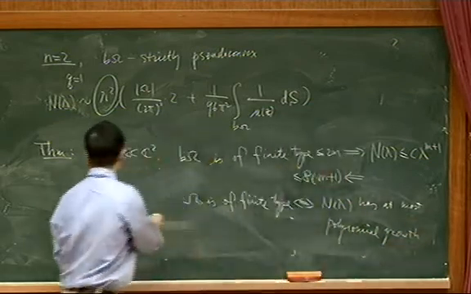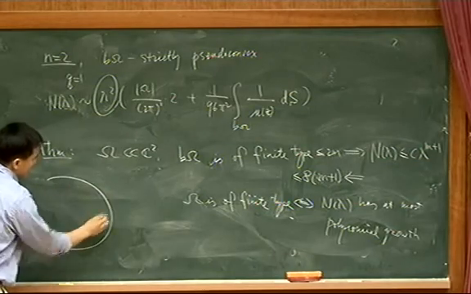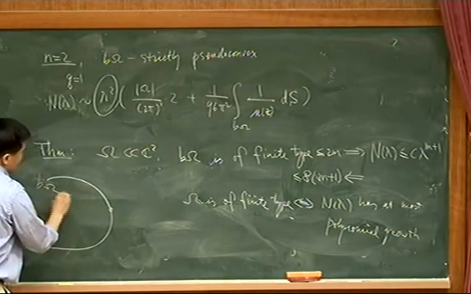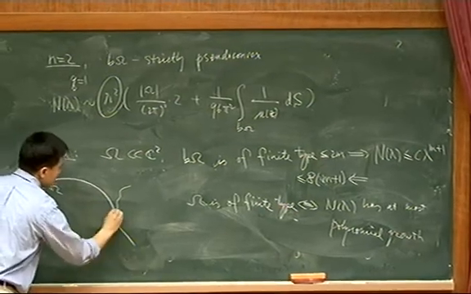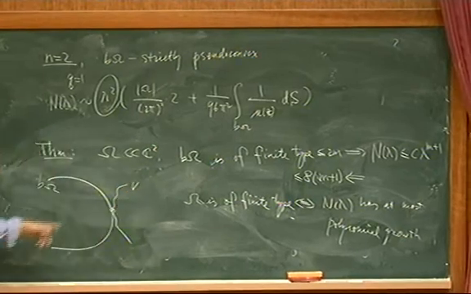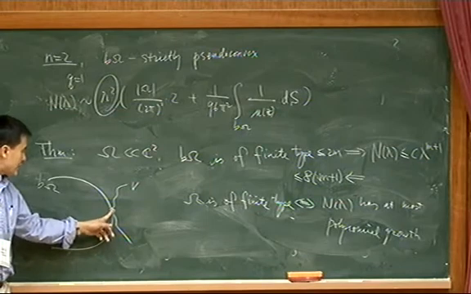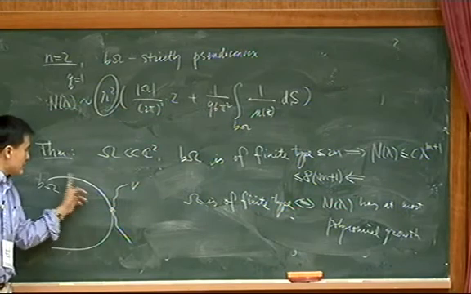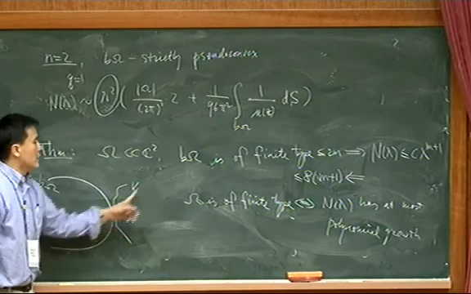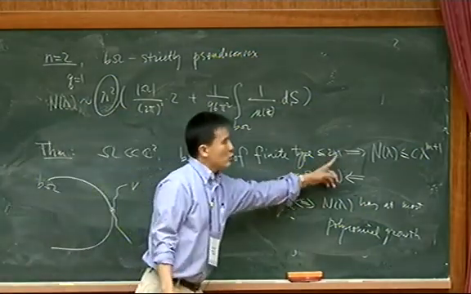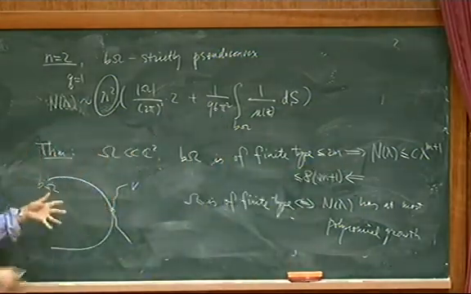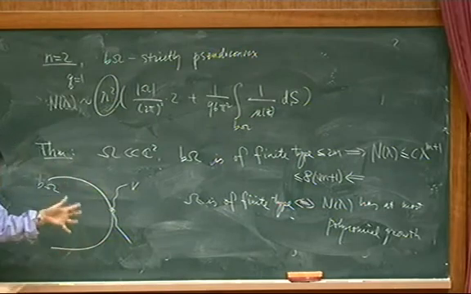So what does finite type mean? Finite type means that when you have a variety V, the order of contact of this variety V with the boundary is at most of order 2m. So in particular, you cannot have a variety on the boundary.